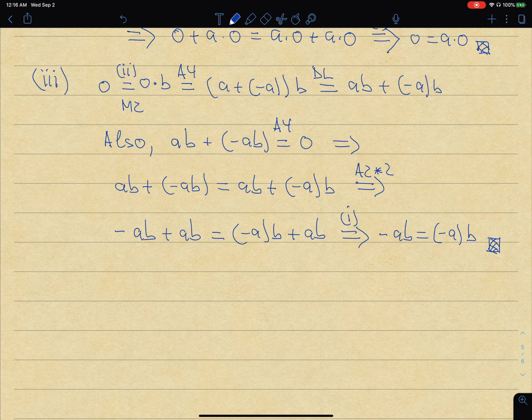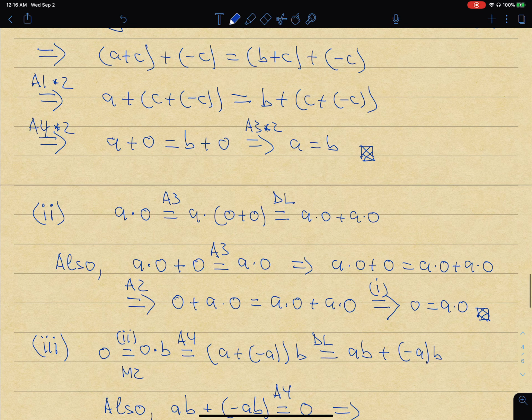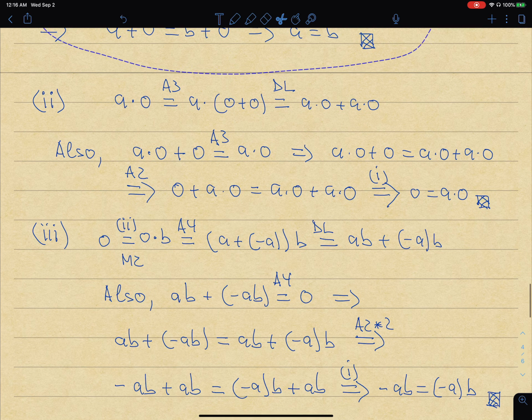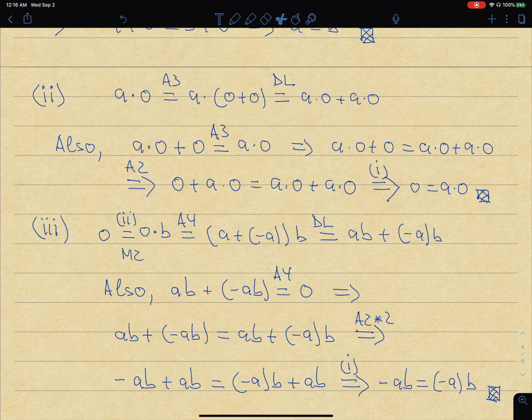In fact, one other thing you can notice here: when I proved the first statement, I simply used the axioms. But when I proved the second, the last thing I did was use the first property that I proved.